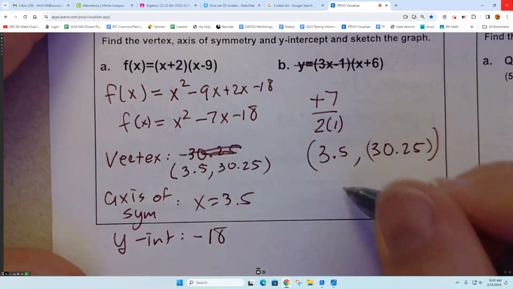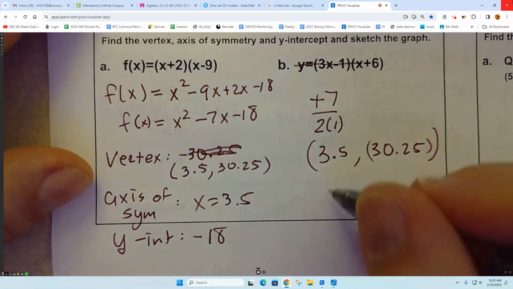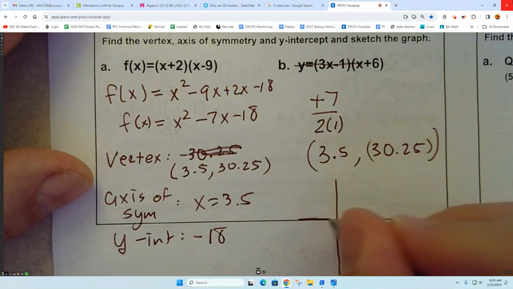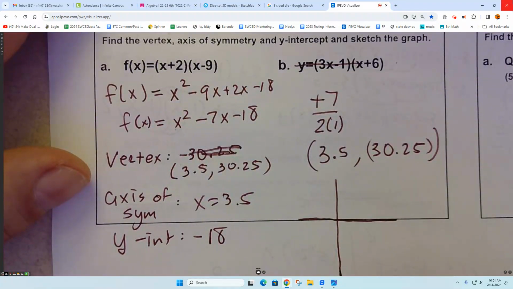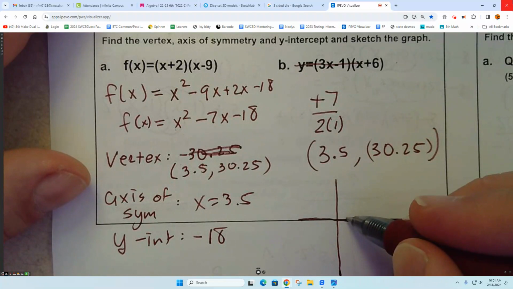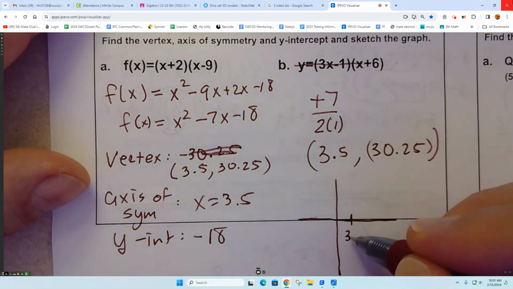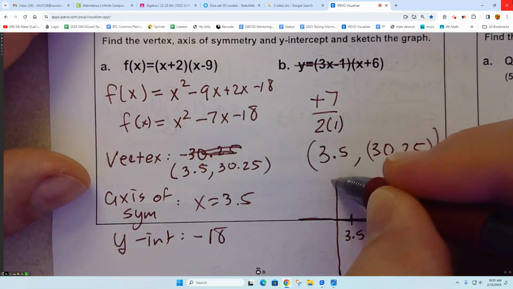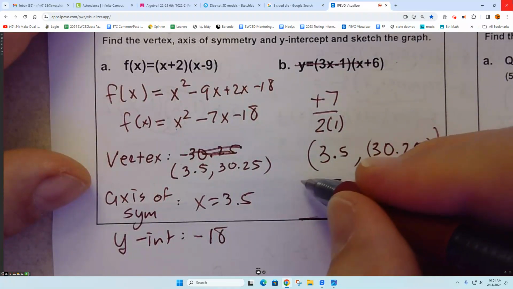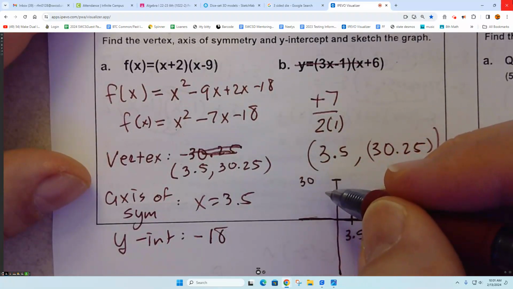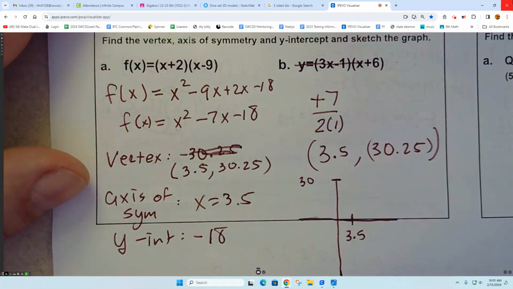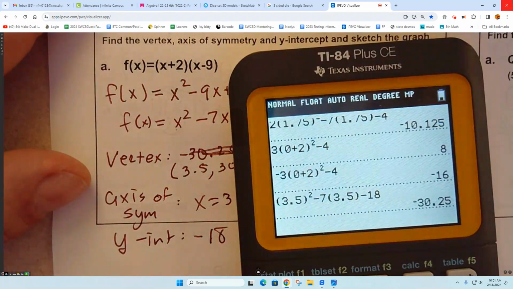And then to graph this, I kind of like to draw my graphs to scale. So I wouldn't want to make like 3.5 out here and then 30 right there. So I might go like 3.5s here and then put 30 all the way up here. Did I mess up on my y-intercept again? I think it should be, is it negative 30.25?